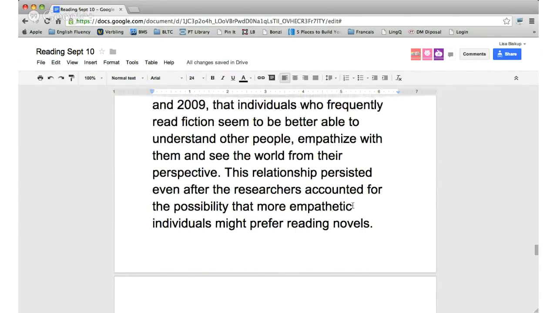This relationship persisted even after the researchers accounted for the possibility that more empathetic individuals might prefer reading novels.